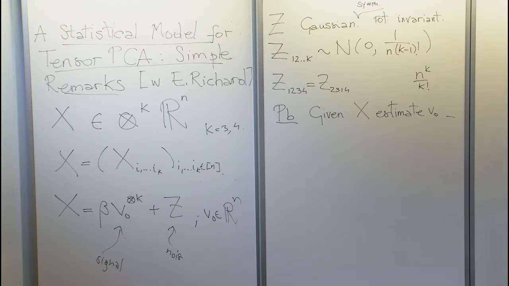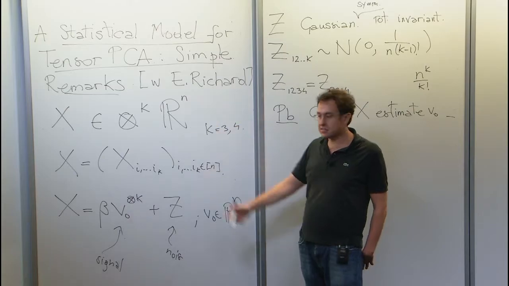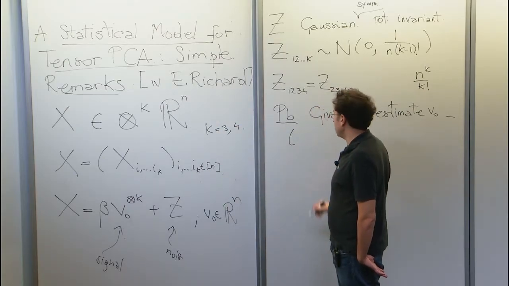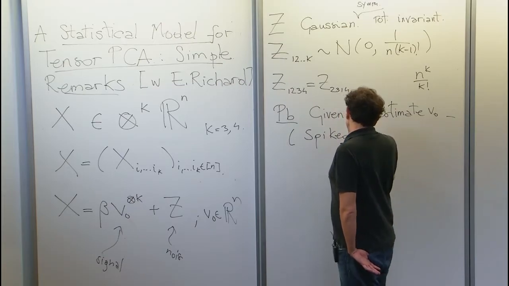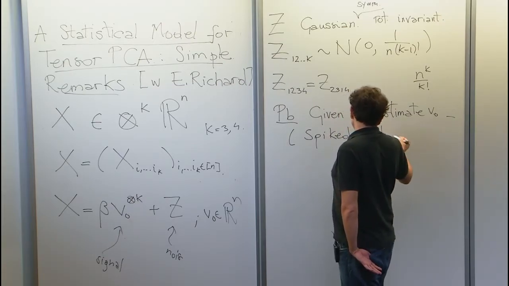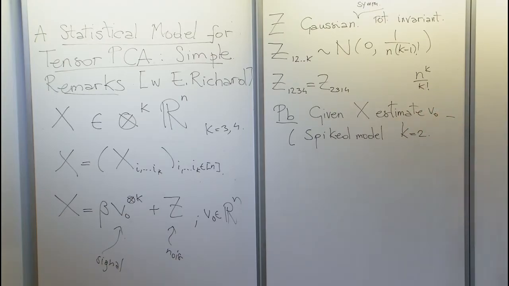This kind of model has been studied in the case of matrices a lot in statistics, generally under the name of the spiked model. So this is statistics, typically in the case k equal 2, and typically one is interested in rectangular matrices rather than in symmetric matrices, but here we'll keep to symmetric.